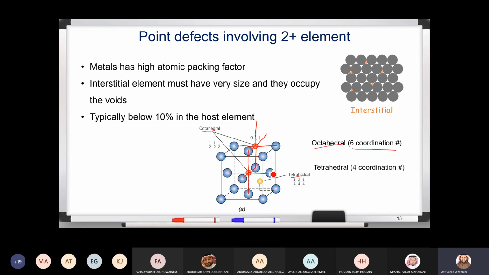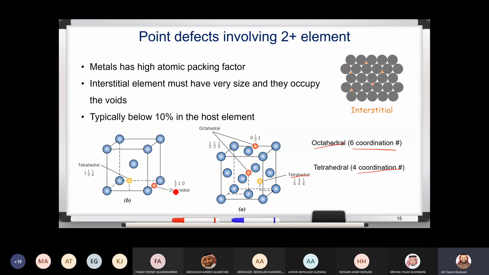The tetrahedral site is 4, so basically we are talking about only 1, 2, 3, 4. This is called the tetrahedral site, and the coordination number is 4 for tetrahedral sites. These are the different sites where the interstitial atoms will occupy positions. We can do a similar thing for BCC. We can have an octahedral site with 1, 2, 3, 4, 5, 6, because we have another atom here, another atom here, and another atom parallel to this one.